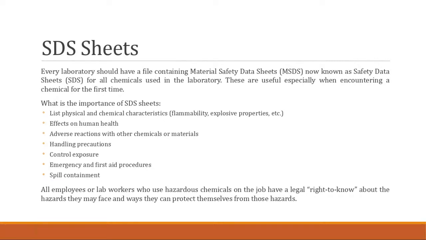It's useful when you're encountering chemicals for the first time, because they list all your physical and chemical characteristics: your flammability, explosive properties, effects on human health, adverse reactions if it's mixed with other chemicals or materials, how to handle them, controlling exposure, emergency and first aid procedures, and of course, in case of an accident, spill containment.